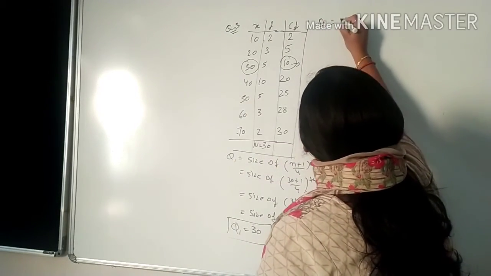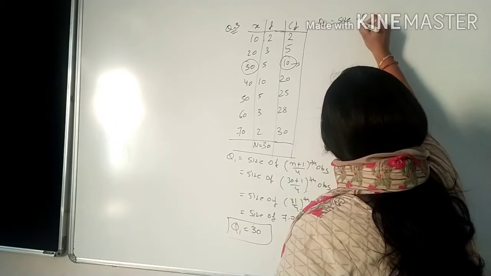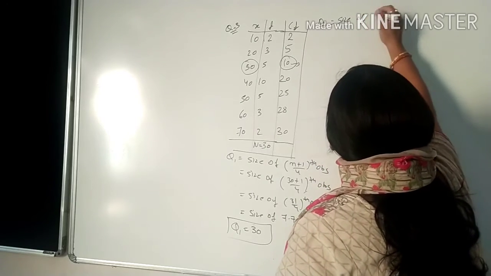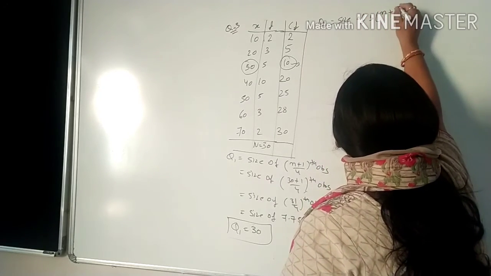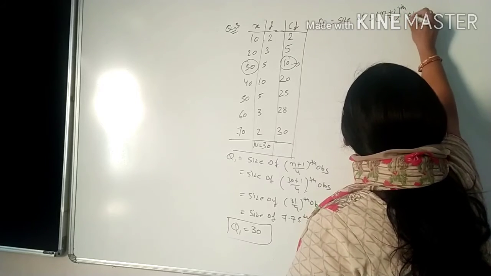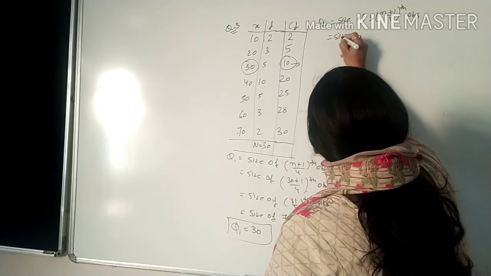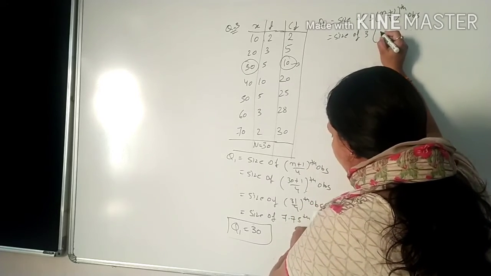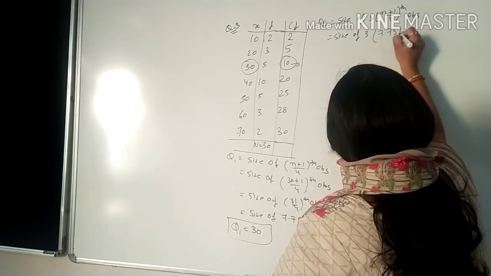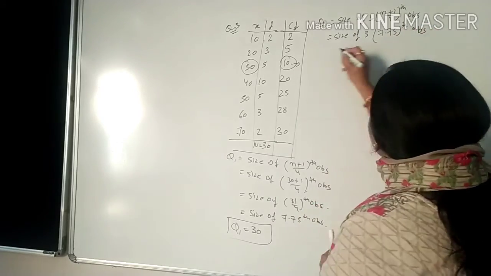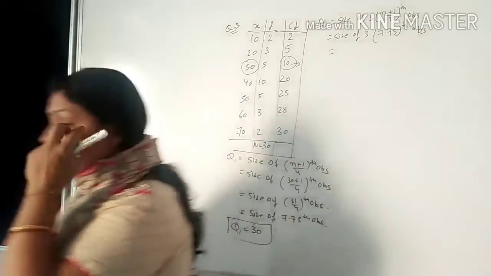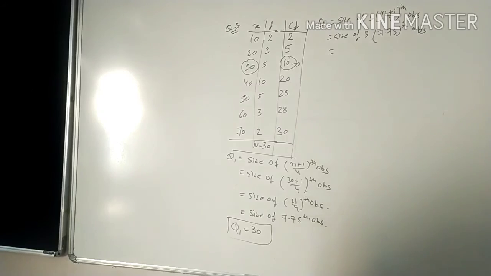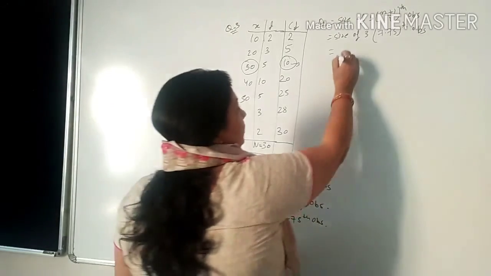Now Q3. So Q3 equals size of 3(n plus 1) by 4th observation. So it should be the size of 3(n plus 1) by 4th value. We already got the 7.75th observation. Just multiply by 3. 7.75 multiplied by 3 should be 23.25.